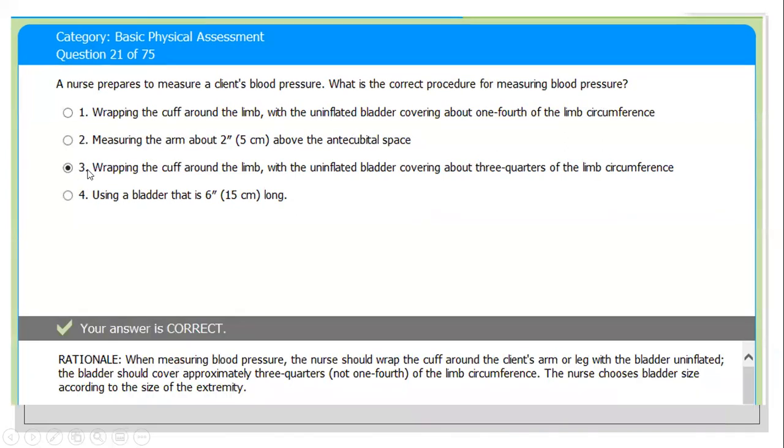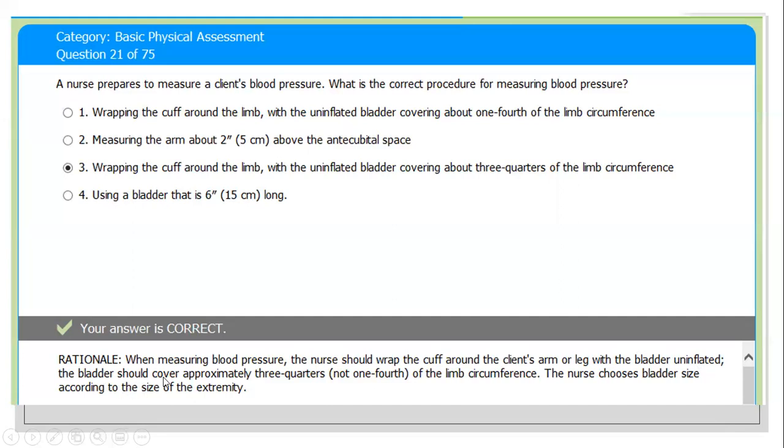The correct answer is number three, wrapping the cuff around the limb with the uninflated bladder covering about 3/4 of the limb circumference. The rationale: when measuring blood pressure, the nurse should wrap the cuff around the child's arms or legs with the bladder uninflated.